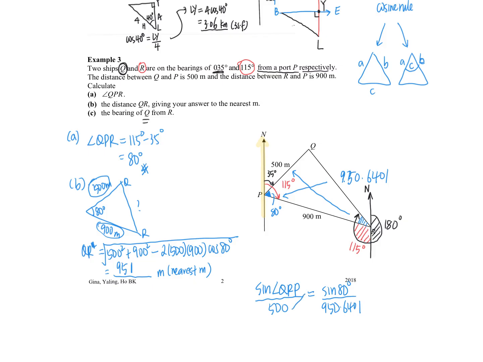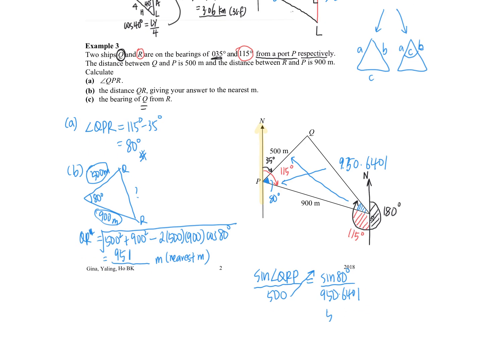So cross multiply, sine inverse. So they will combine the questions together and test you as one chapter. Okay, but actually it's two different chapters.